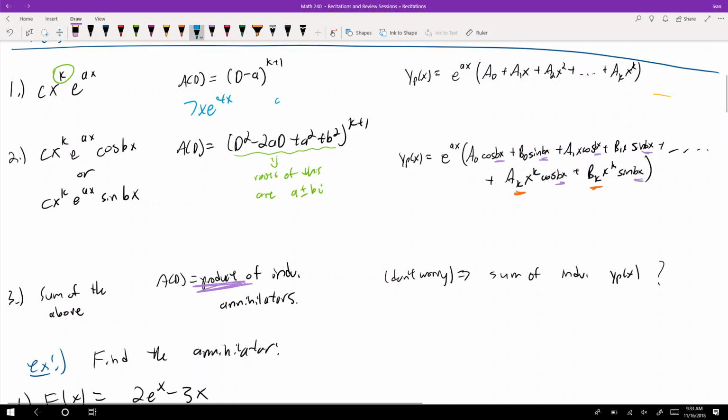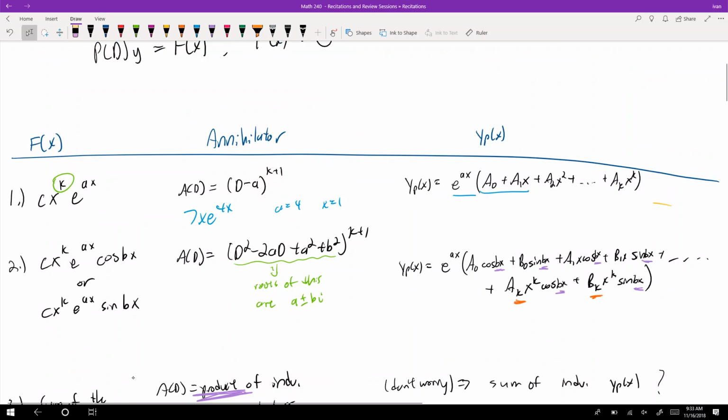All right, it looks like a is equal to 4, and k is equal to 1. So that means I need to go all the way up until this term, right? I need to go up to the first term since k is equal to 1.